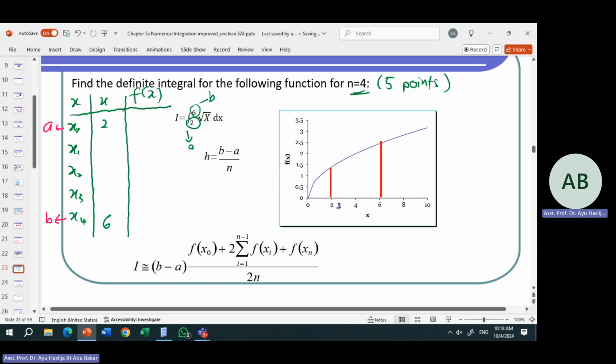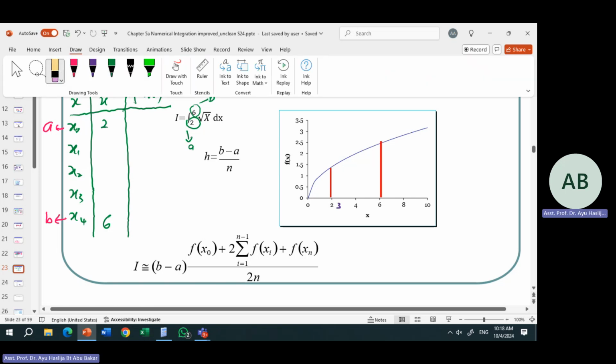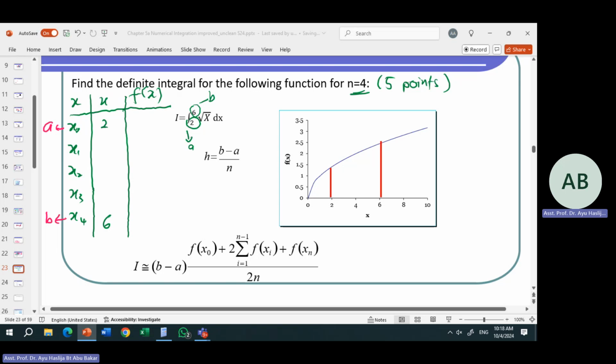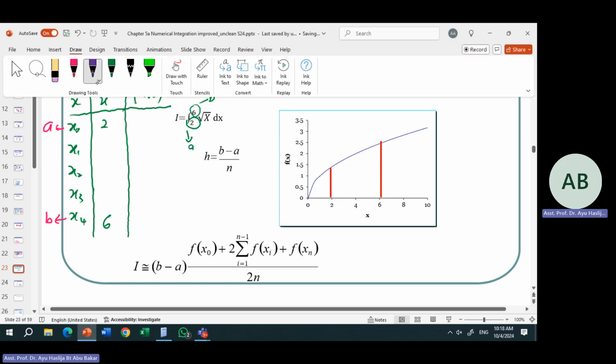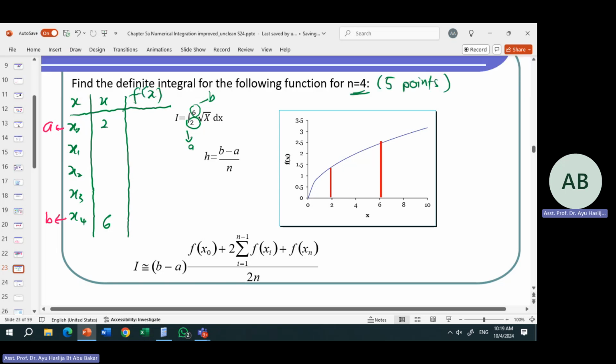Now, we need to find the intermediate points. How to find? Okay. Here's the thing. You need to understand how it can get to that application. Now, from 2 to 6 with 4 segments.